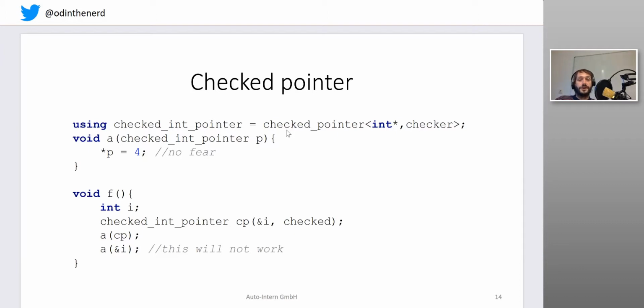You can get fancy with templates. There are a few libraries out there that mean that creating your own unique type is just one line of code, and then if you consequently implement this throughout your entire project, then a protocol ID will only change from int to protocol ID at the boundary, where somebody's calling your DLL or somebody's calling you from a C interface or something, and will continue to be a protocol ID throughout your entire project until at some point maybe it goes out the other end and turns into an int again.